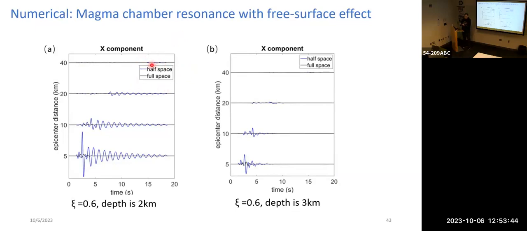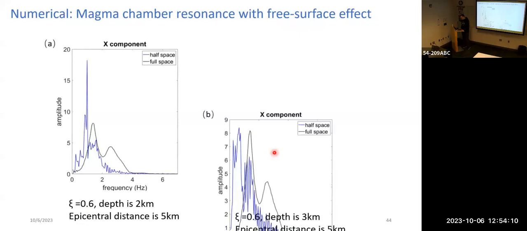Which means the free surface plays a very important role, feeding part of the energy back to the magma chamber to sustain the oscillation. And for 3 kilometers, because of the geometric spreading and some mismatch of the frequency, the half space and the full space have a similar oscillation period.